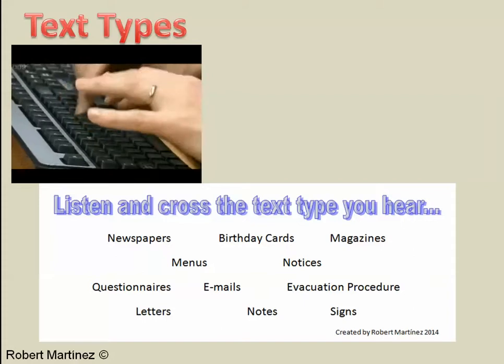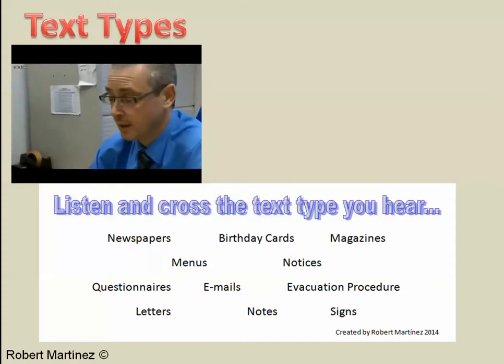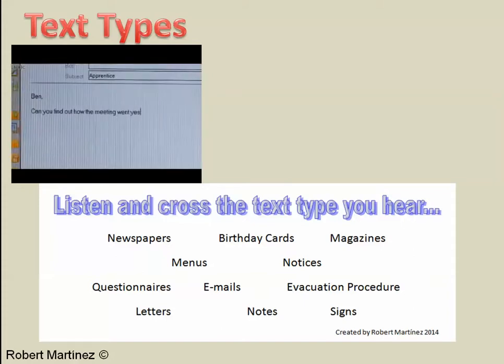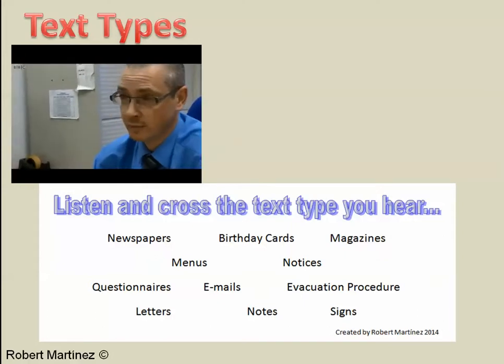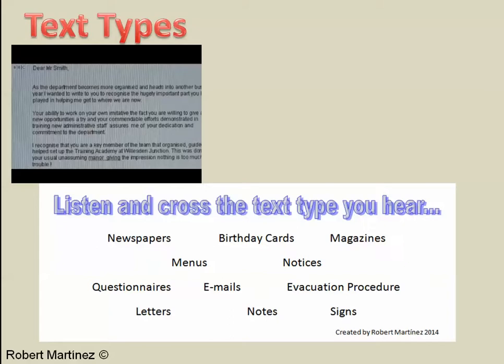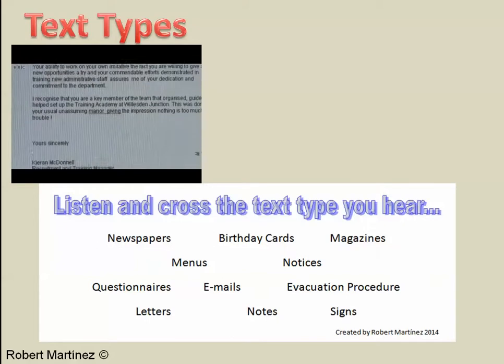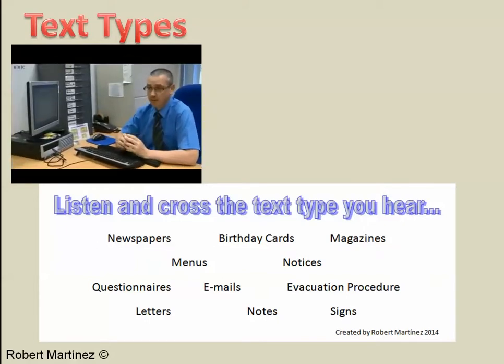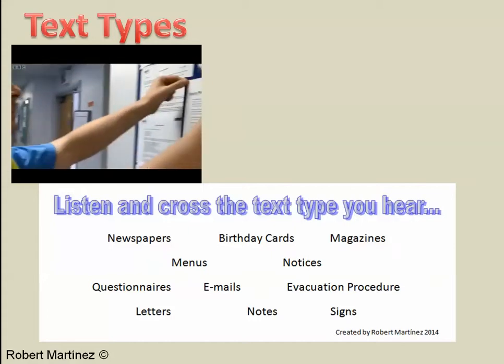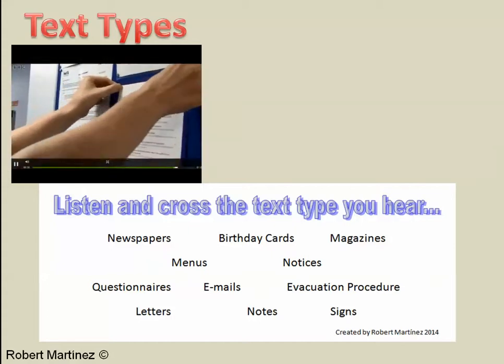In the bus depot we have different types of text. We use emails where we can communicate with our colleagues quite quickly and informally. We have letters where we can communicate information more formally to people, such as telling somebody that they've been successful and got a job. And we have notice boards where we can put notices up and get information to large groups of our employees quite quickly.